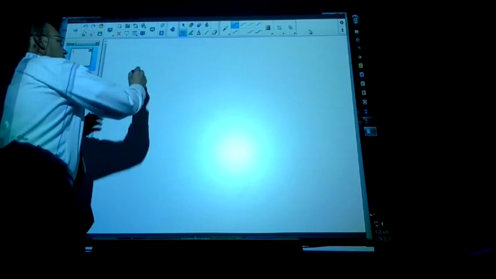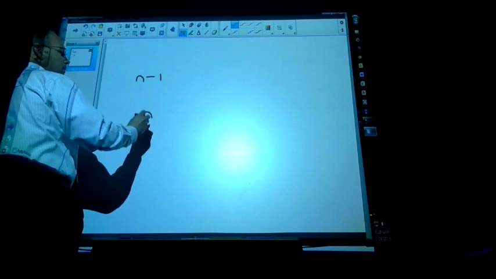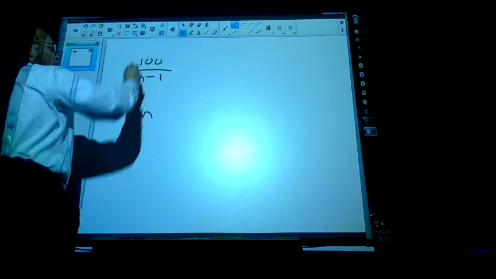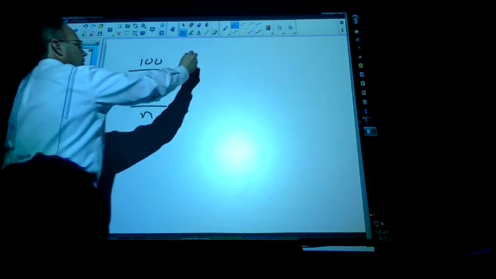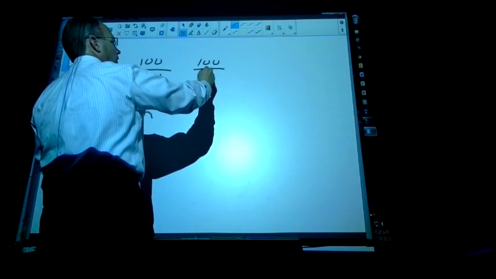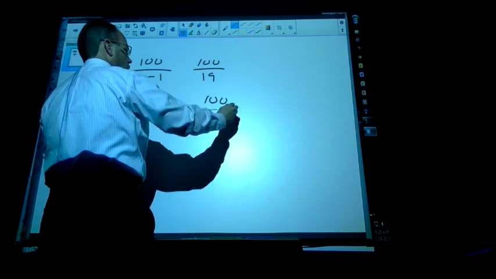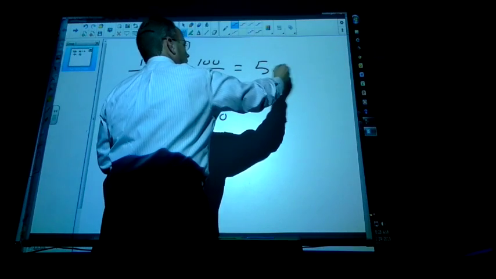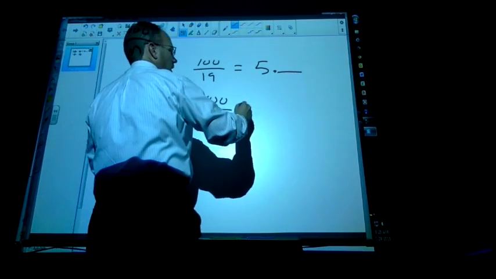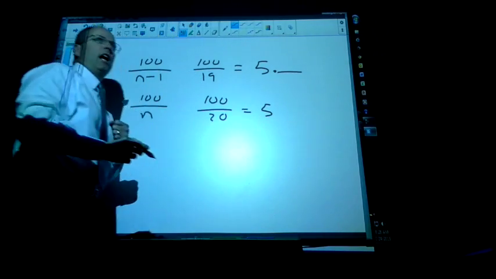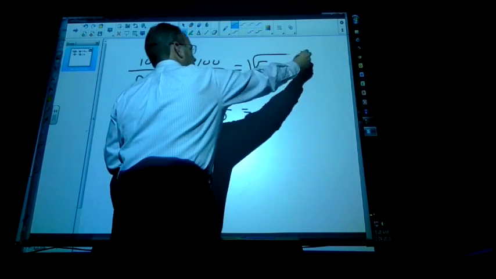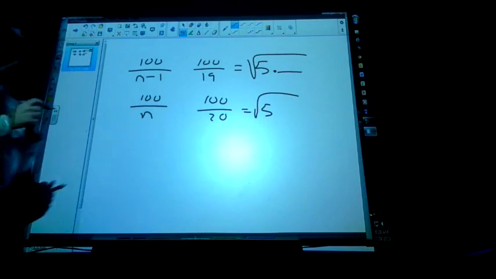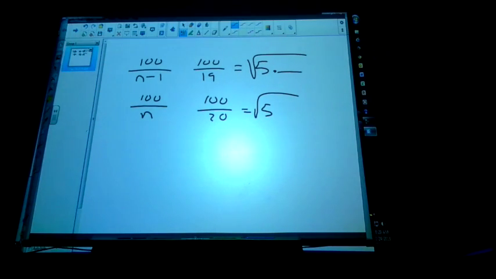Okay. So, by definition, you divide by this or you divide by this. So if this was 100 over 19 and this was 100 over 20, this is going to be 5 point something, and this will be 5 exactly. If I take the square root of this and the square root of this, which one would give us a larger number?